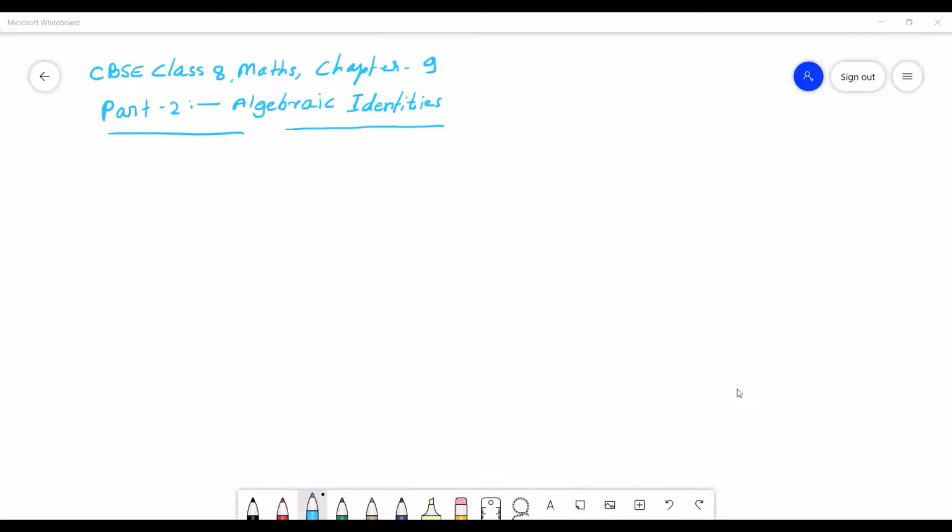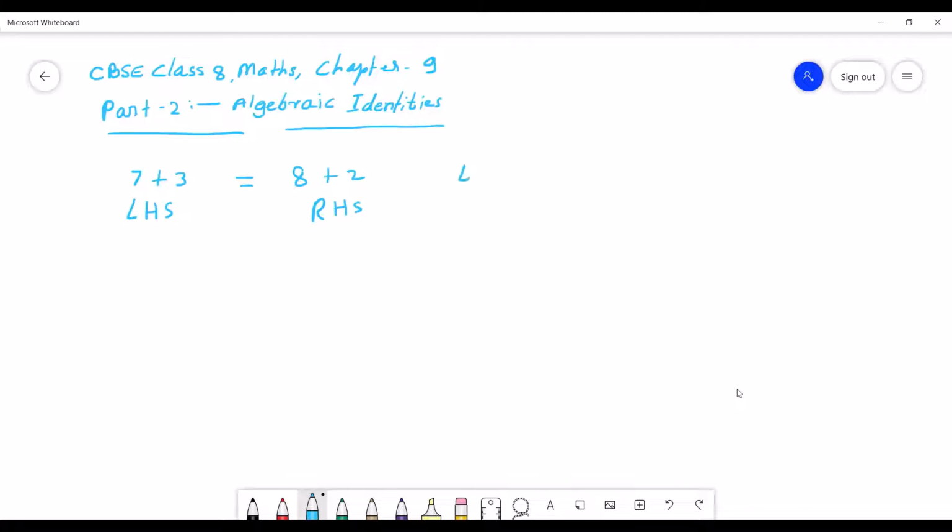Suppose I am writing here 7 plus 3 is equal to 8 plus 2. See, here this is an equation, and this is the left hand side and this is the right hand side.